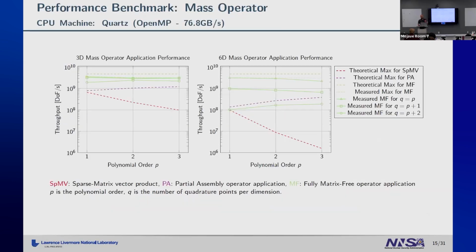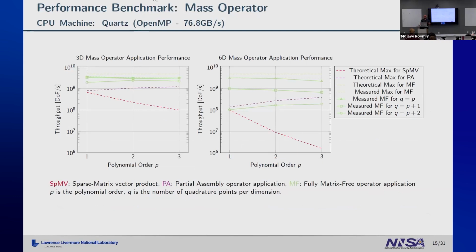Okay. So now looking at the performance of a mass operator, starting simple. Here is just the CPU result. It's on a machine called Quartz. Actually, I think it's been retired since this benchmark. In dotted line, we get the theoretical max, so really, it's impossible to go faster than this on this architecture.